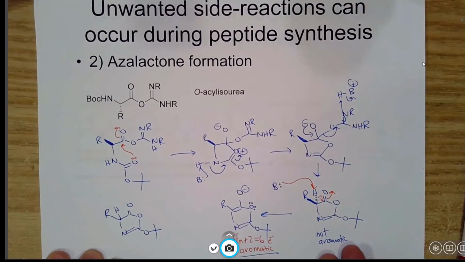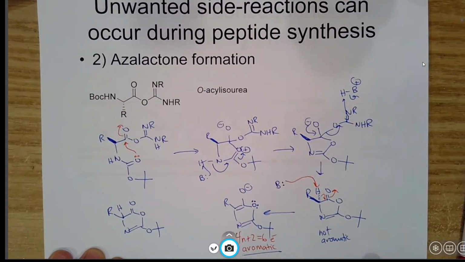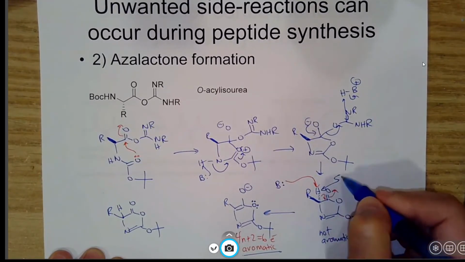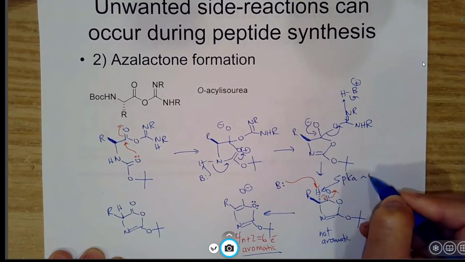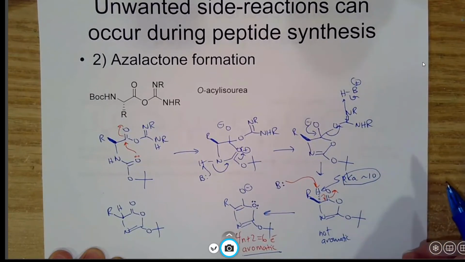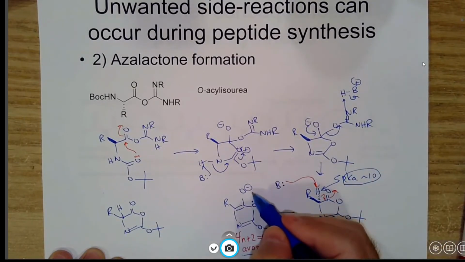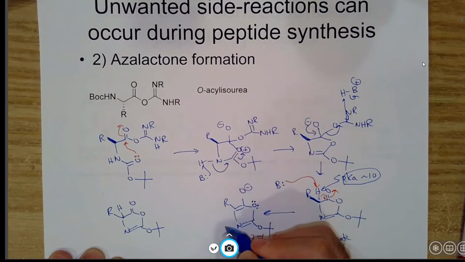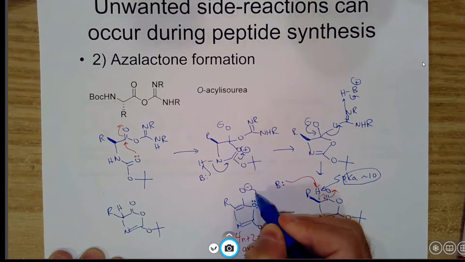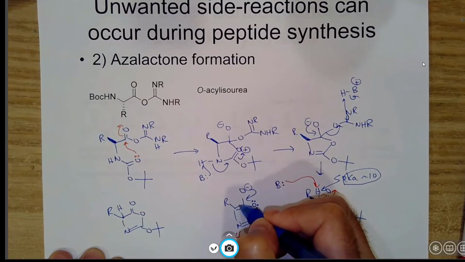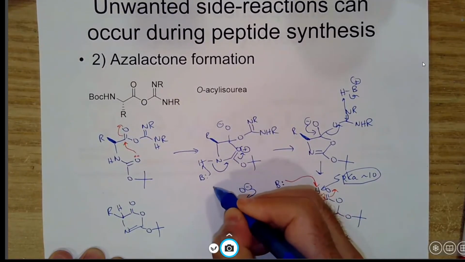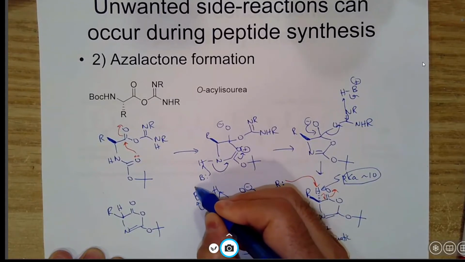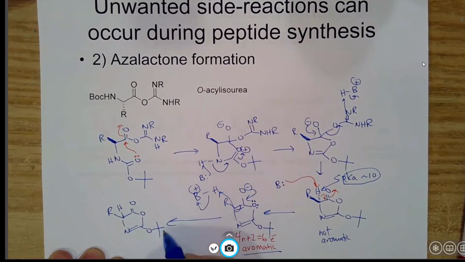Aromatic compounds are quite stable, and this is the driving force to remove this proton. Turns out that the pKa of this proton is around 10, which is quite low. So once you lose that proton, you lose stereochemistry because you now have an sp2 carbon. In order to pick a proton back up, you take the conjugate acid and then pick up the proton.